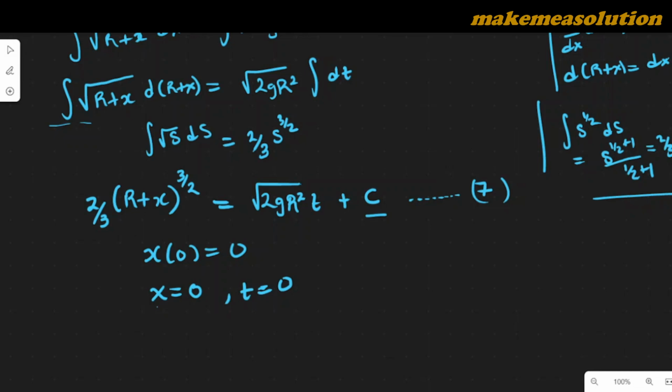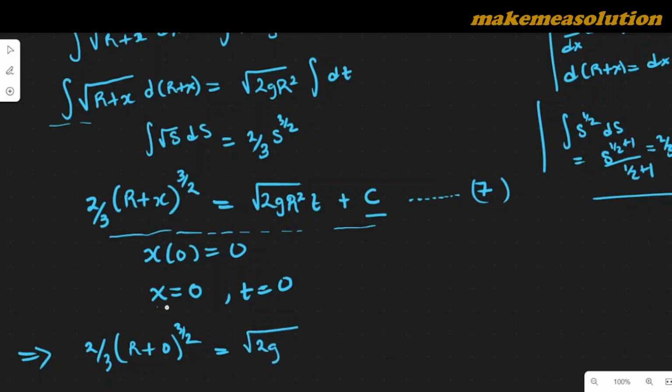So in this particular equation, anywhere you see x, you're going to put 0, and anywhere you see t, you're going to put 0. So you get 2 over 3 times r plus 0 raised to the power of 3 over 2 is equal to the square root of 2gr squared times 0 plus c.